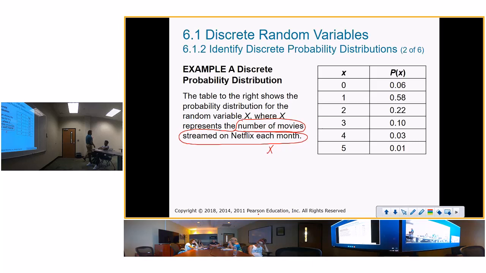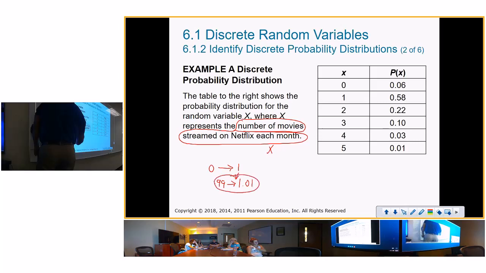Now, some books say 0.99 to 1.01. You have to look at this book and see. You'll probably tell on the slide here in just a minute. But some books say 0 to 1. Some books say 0.99 to 1.01 for this part right here. Okay, so we'll see in just a minute what this book says.